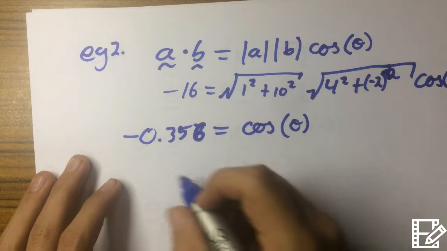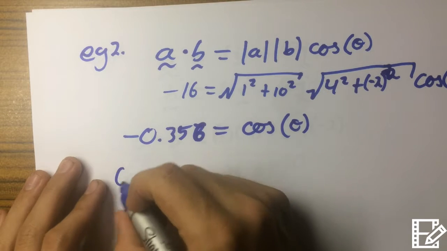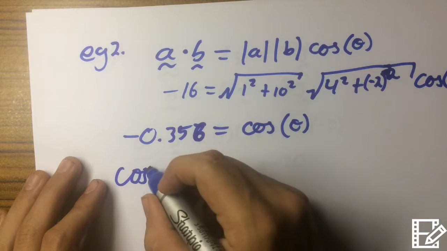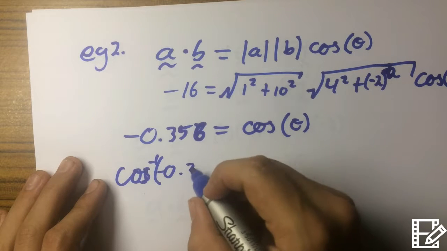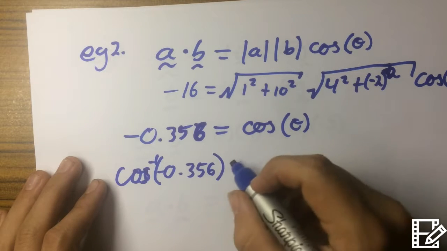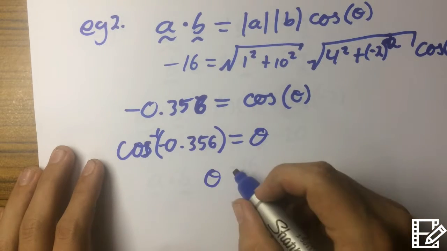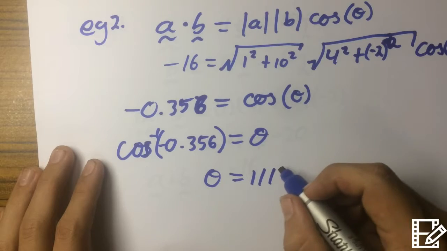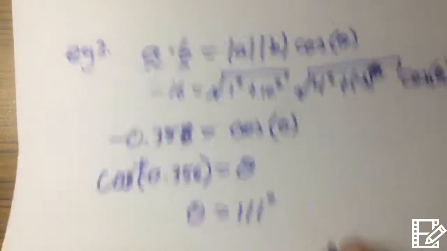And to get theta on its own, you use the inverse of cos, the inverse cos of negative 0.356, and that will equal theta. And if we type that into our calculator, theta equals 111 degrees.